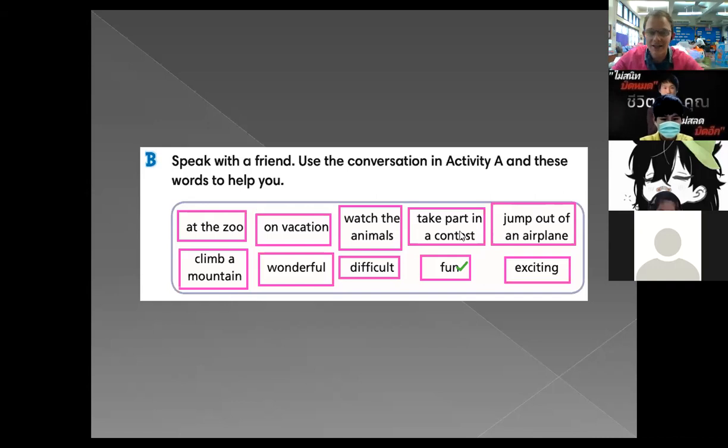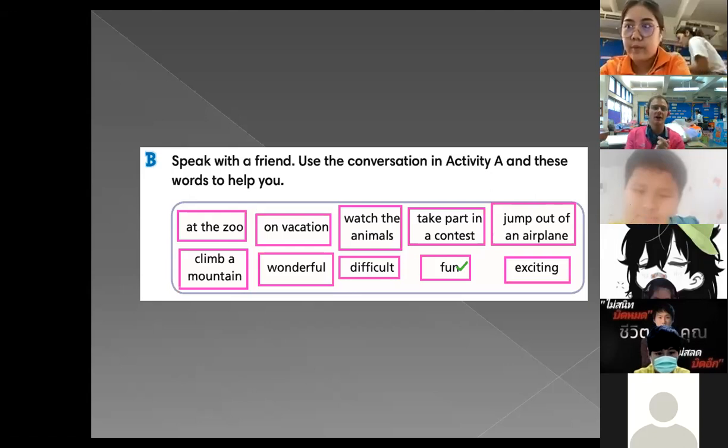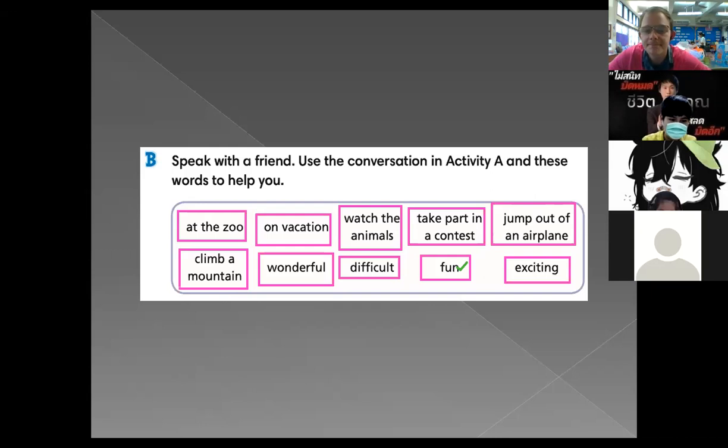So the next one is, let's go in the row as per the class. So the next one is Leon. Leon, can you make a sentence for me, please? Any sentence with these words. You can use as many as you want.